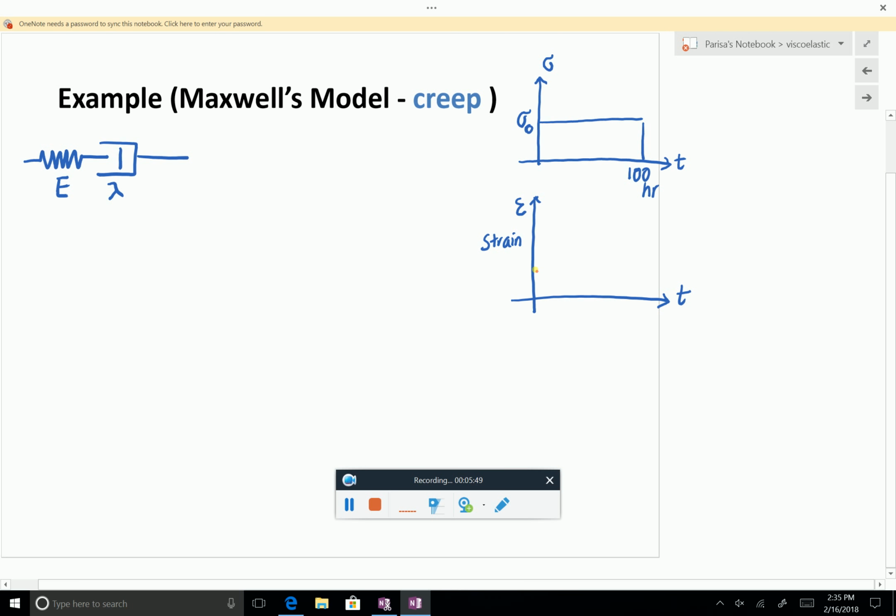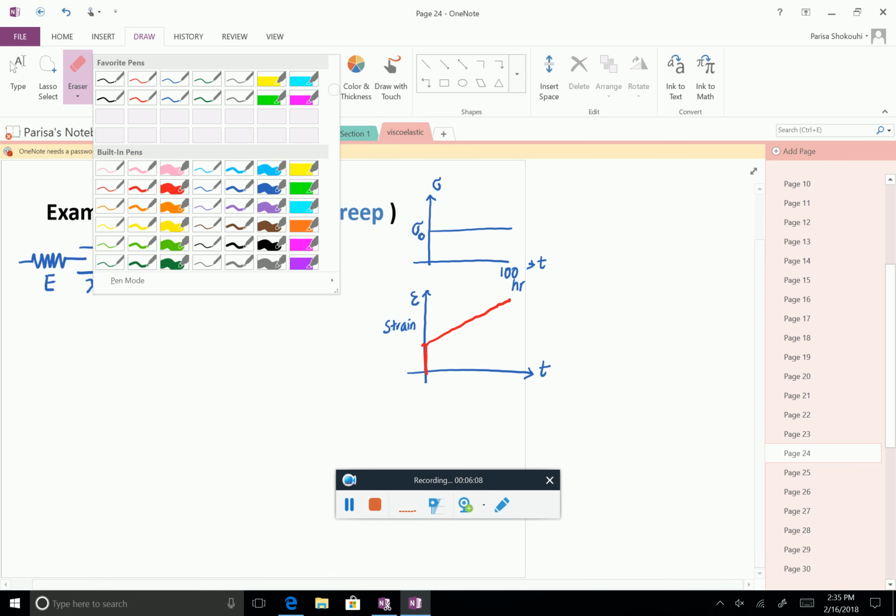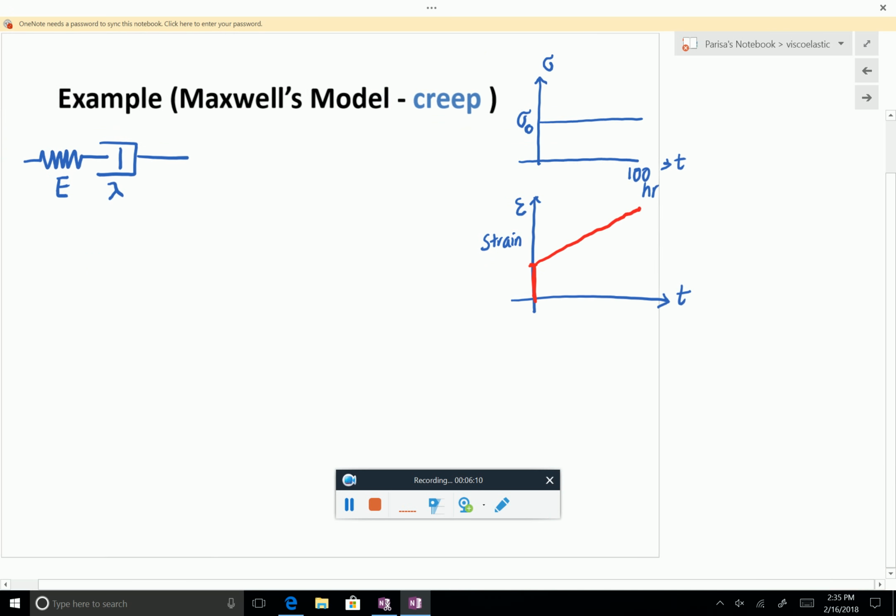So the strain, in the beginning, you are going to have instantaneous elastic strain, and then afterwards, the dashpot. I didn't mean that we unload here, it's just that I know only up to 100 hours. So it's not unloading, it's more like that. This is how it looks.